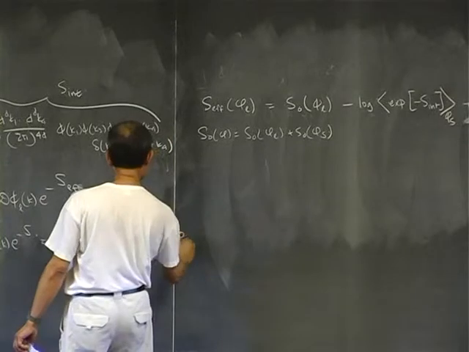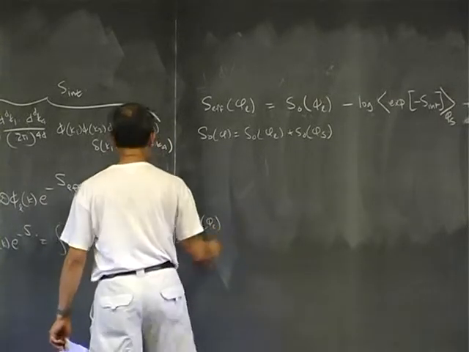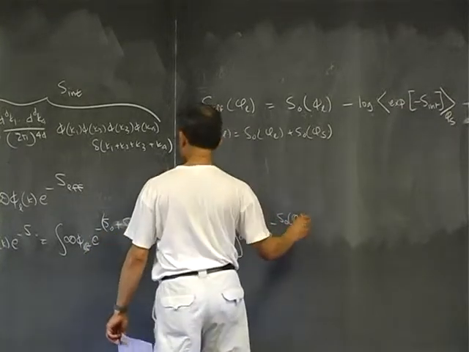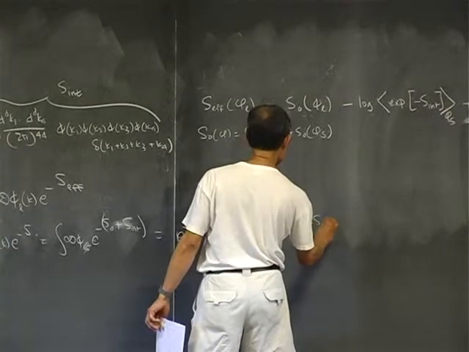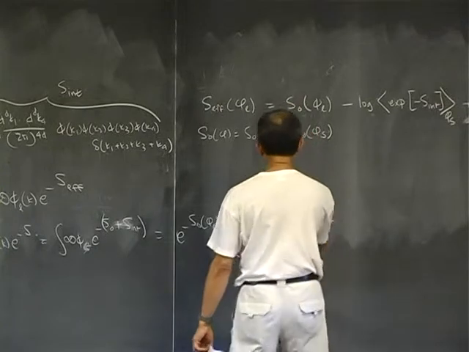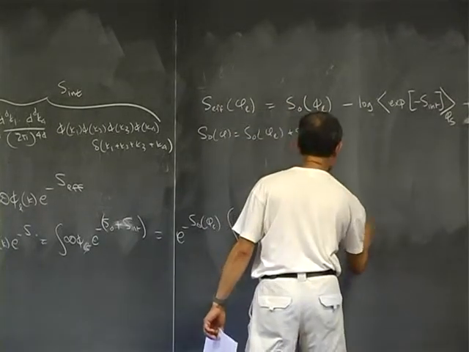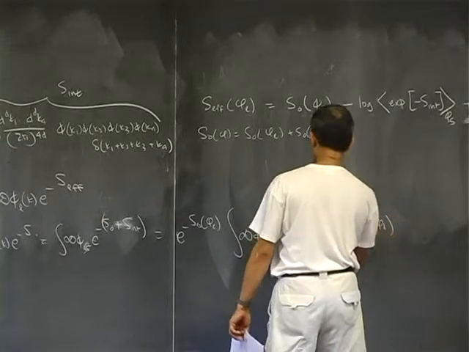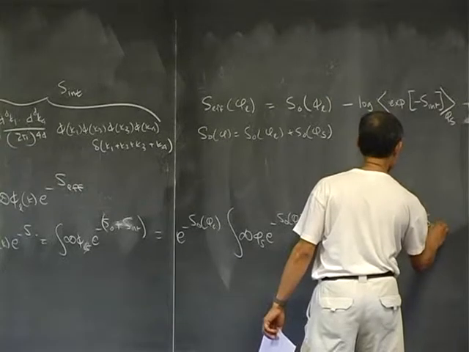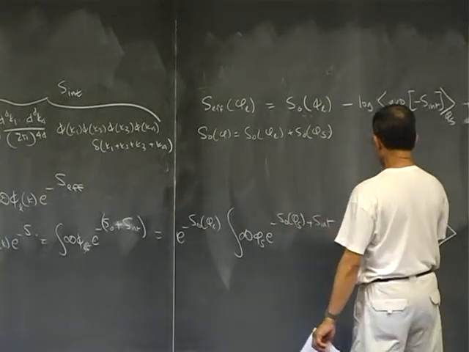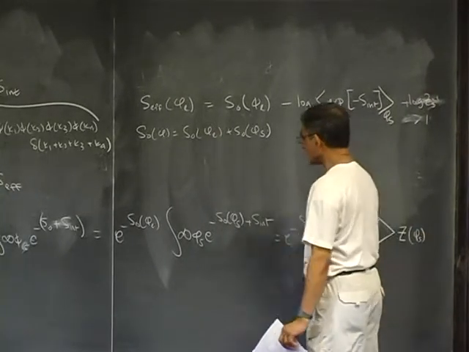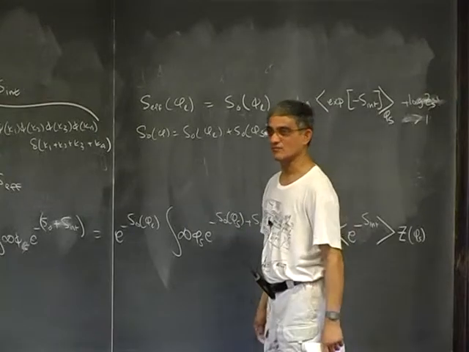So this thing becomes e to the minus S0 of phi L, and then there is an S0 of phi s plus S interaction, okay, and so this entire object is S0 of phi L times the expectation value of minus S interaction, or rather the average value of minus S interaction multiplied by the partition function of phi s, which is without any of the interactions in it.